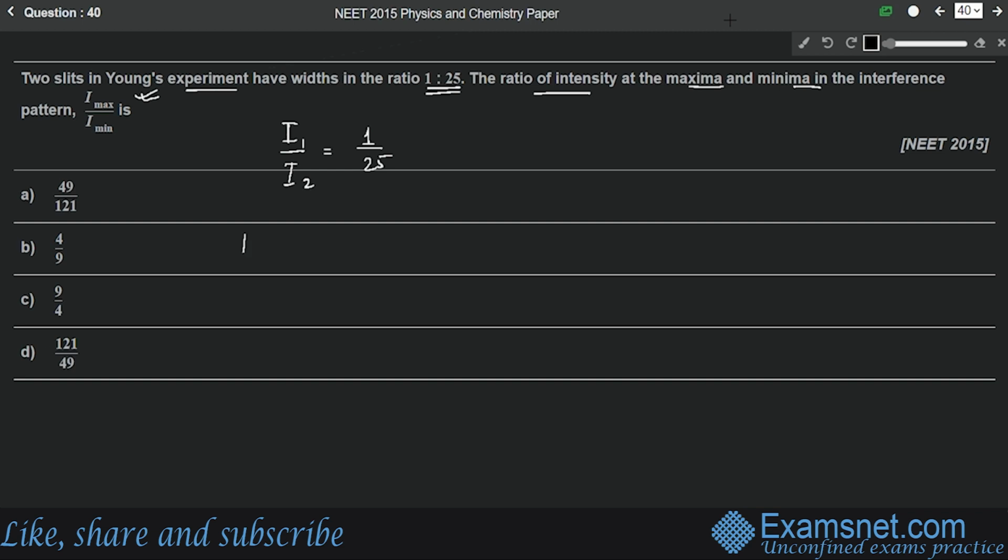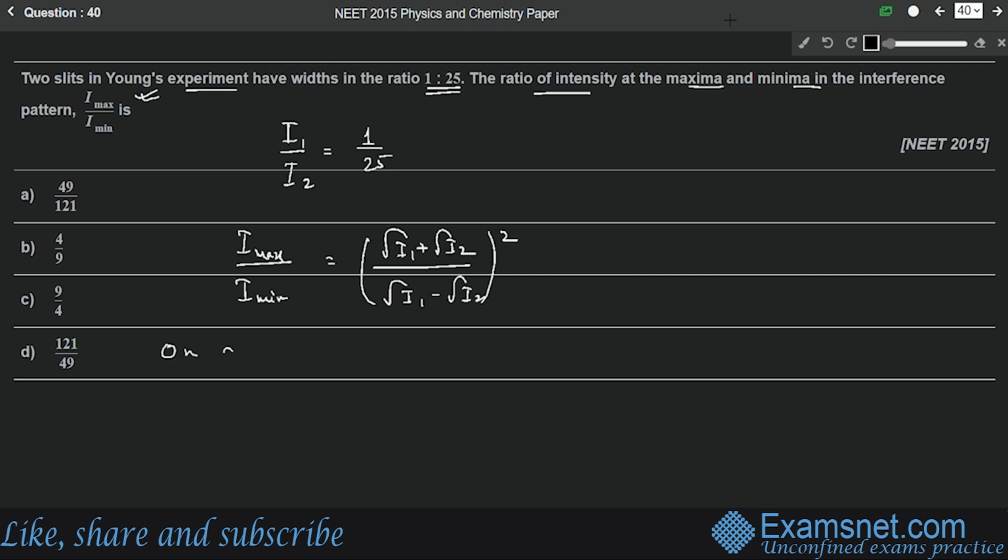Now we have to find the I maximum by I minimum. So that will be equal to (under root I1 plus under root I2) upon (under root I1 minus under root I2), whole square. Okay. Now in order to simplify this, we'll divide the numerator and denominator by root I2.